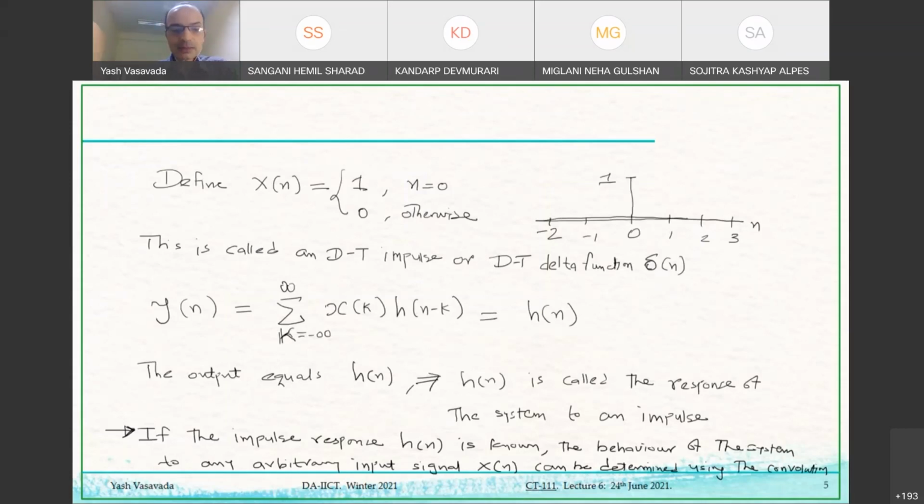Now, the remarkable thing about this property of such a system, the impulse response of the system, is that once you know the impulse response, if the only thing that you know about the system is how it behaves when you apply an impulse, which is probably the simplest type of input that you can give to such a system, then by virtue of the convolution formula, you can compute the output of the system to any strange shape of the input x of n.